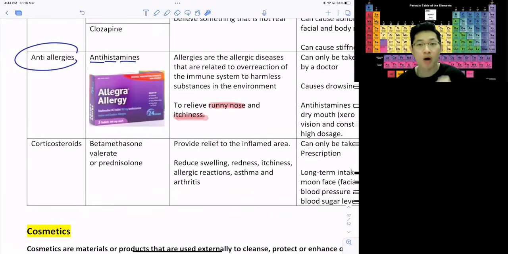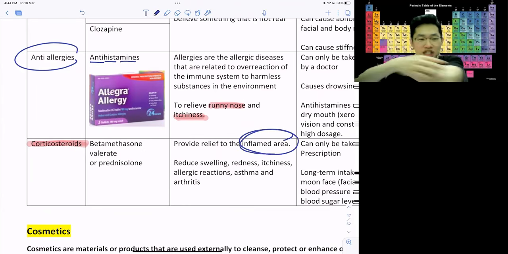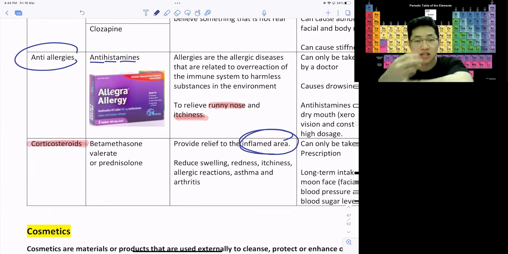Corticosteroid is for more serious allergy, like eczema. When you have inflammation, corticosteroid is for the inflamed area. Allergy is maybe just rashes and red color. Corticosteroid is used when the skin has already started to peel off and got blood, this and that. Then you use this stronger method.